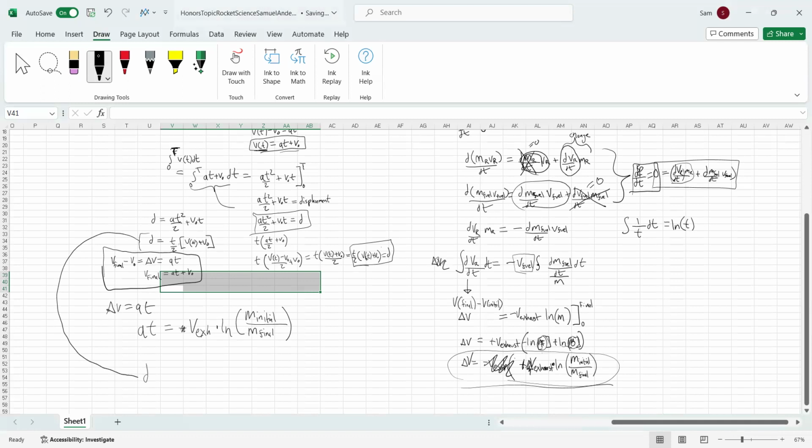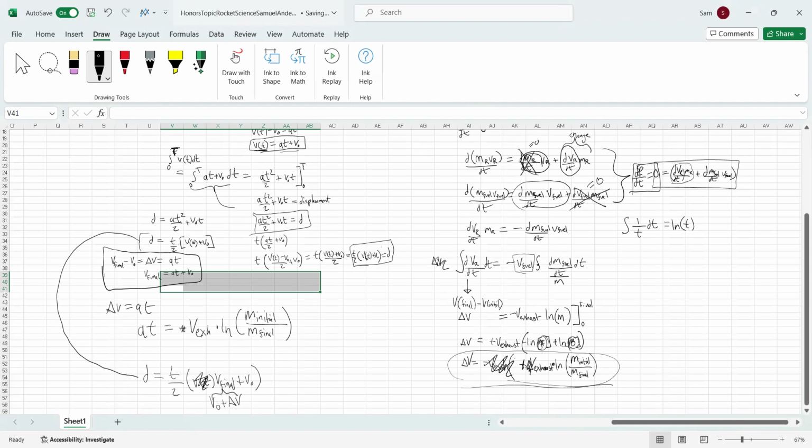We have displacement is equal to T over 2 times final velocity, I will call that, plus initial velocity. And what is final velocity? Final velocity is going to be equal to V naught plus delta V, or initial velocity plus change in velocity, conceptually.